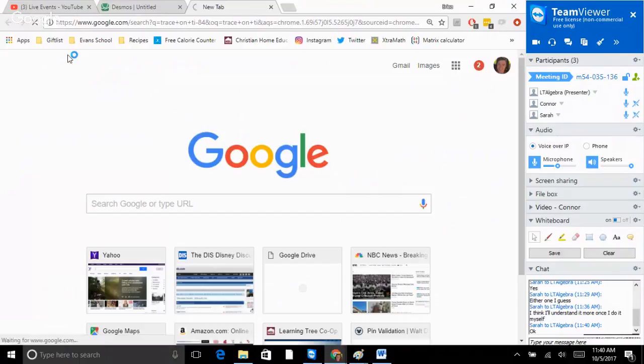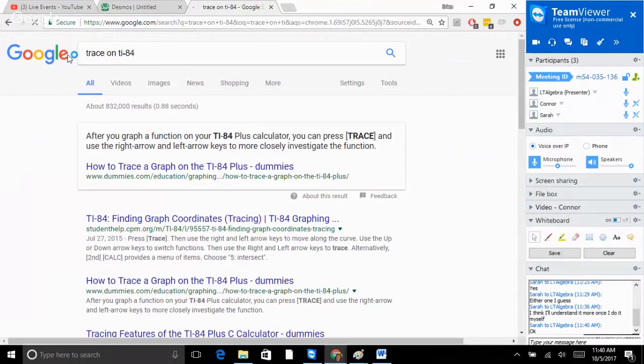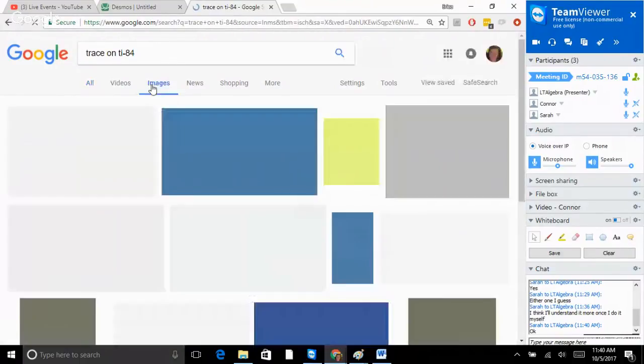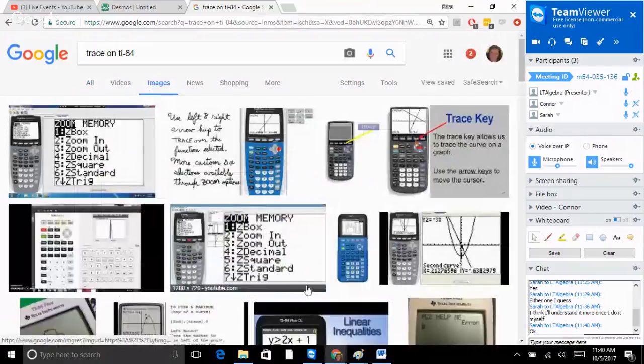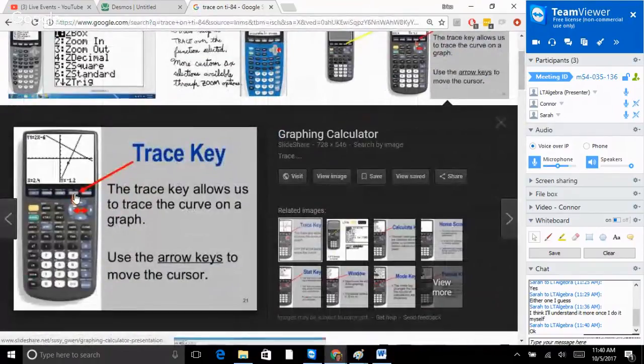Maybe there'll be a picture of it. Here we go. This is what it looks like. See how it's got the little square along your line? It tells you this is the point where x equals 2.4 and y equals -1.2. And then you can use your arrows to move up and down. So that's how you do it on your calculator.